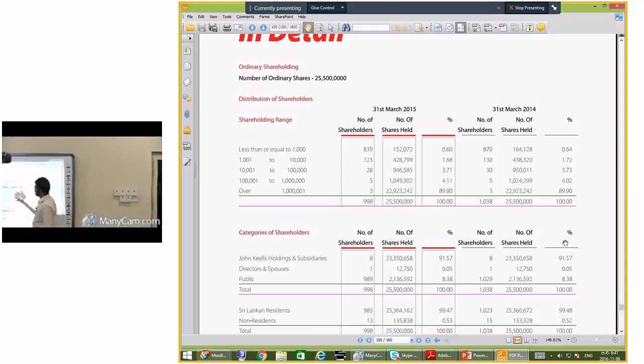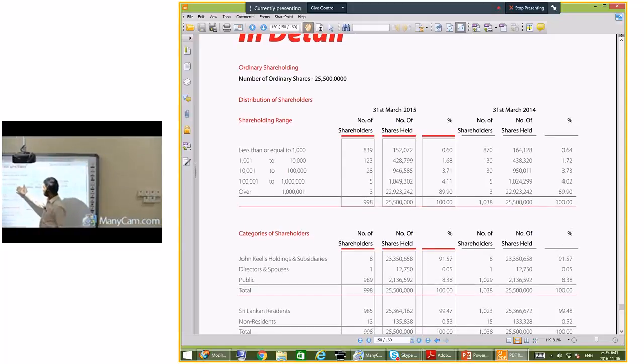The reader should be able to get an idea by reading this type of thing. Now shareholders, shareholding range: less than or equal to 1000, and again we can see a frequency distribution, which we already discussed. Less than 1000 shares, 1000 to 10,000, 10,001 to 100,000, 100,001 to 1 million, over 1 million, right.